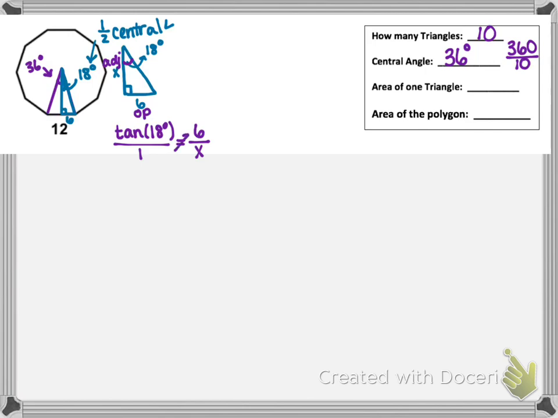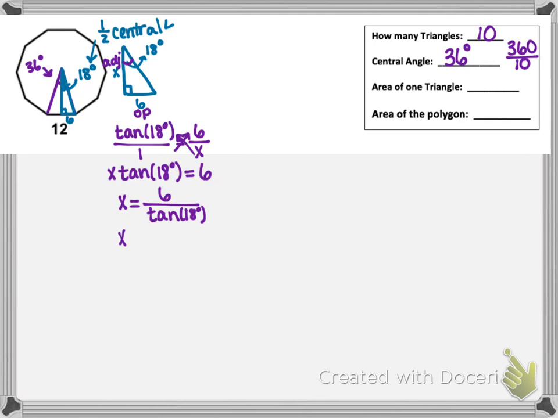And then we will cross multiply. So X times the tangent of 18 equals 1 times 6, which is 6. Since X and the tangent of 18 are being multiplied, to undo that, I'm going to divide by the tangent of 18. So I have 6 divided by the tangent of 18 degrees.